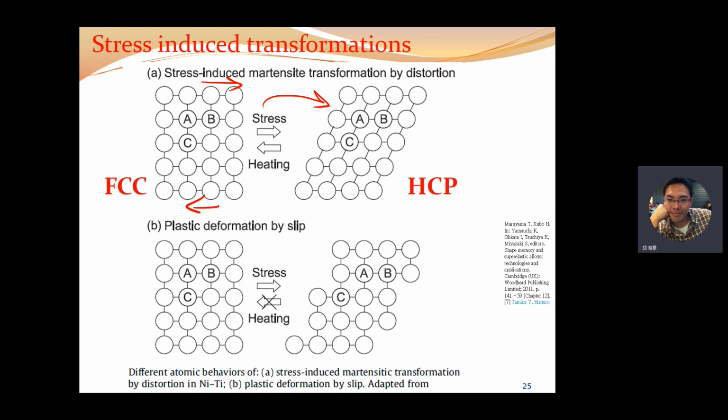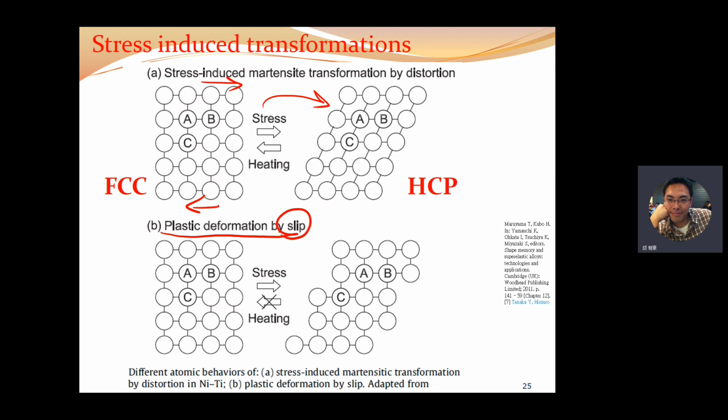However, for plastic deformation by slip that we already mentioned, right? By slip, we apply stress and its atomic arrangement changes, and dislocations form. In this case, if we just heat it, it will not recover to its original crystal structure.